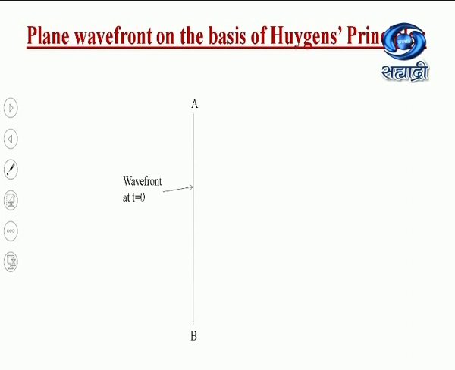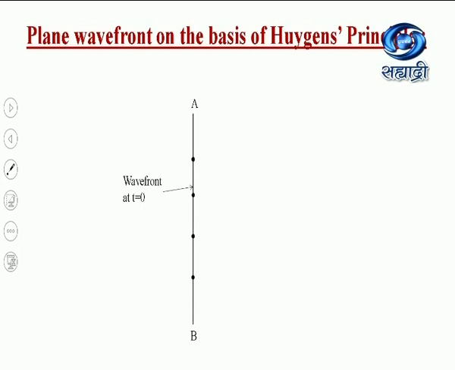Now, according to Huygens principle, every point on this wavefront acts as the secondary source of light. So we consider different points on the wavefront which are acting as the secondary sources. Now all these sources will emit the light waves in the given medium in all directions.